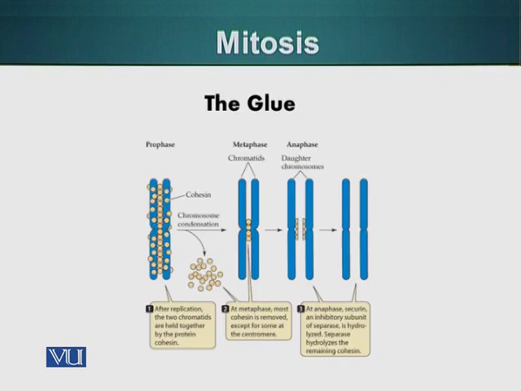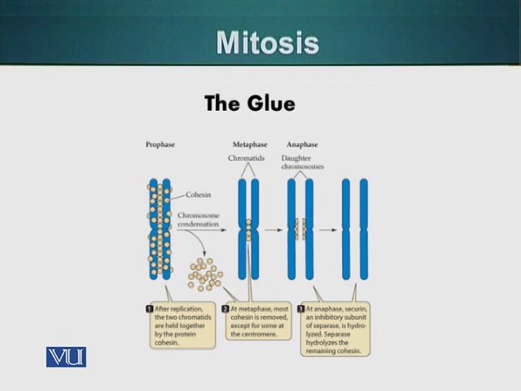As I mentioned earlier, there is a glue, and this molecule is called cohesin. During prophase, the cohesin is holding both the chromatids together all along their length. At metaphase, all cohesin has been degraded except what is left at the centromere or the kinetochore region.